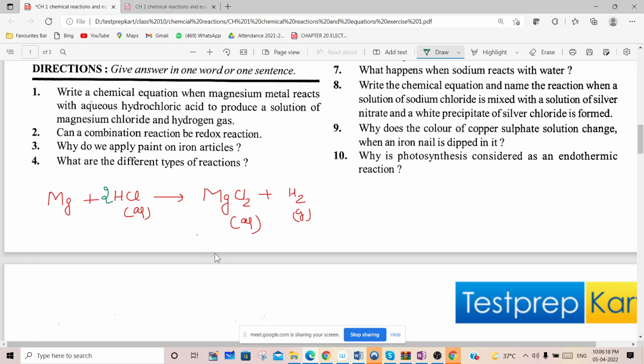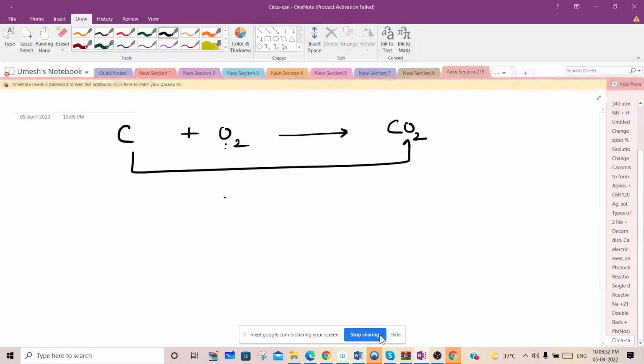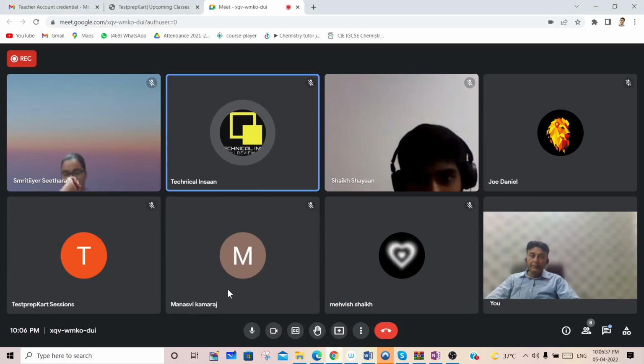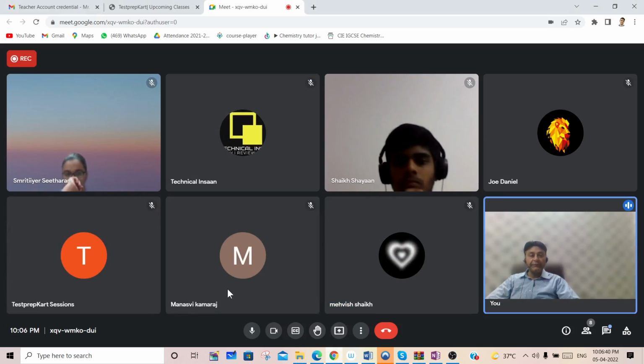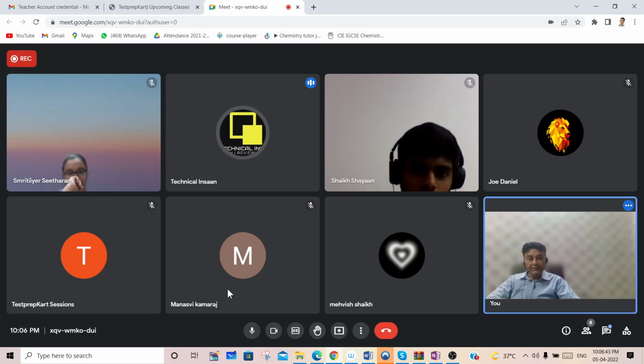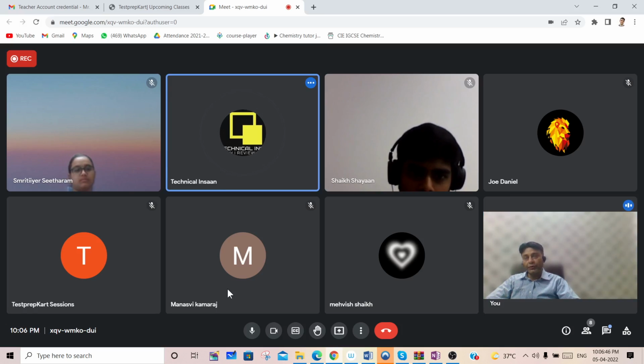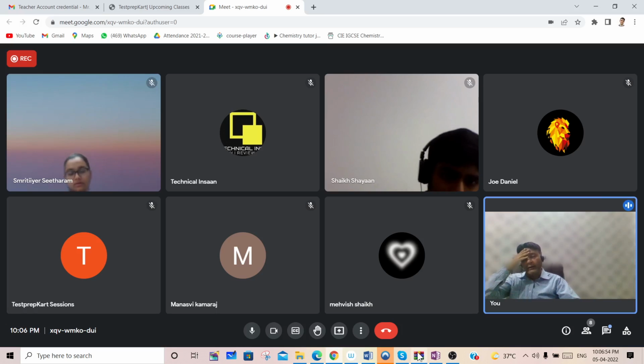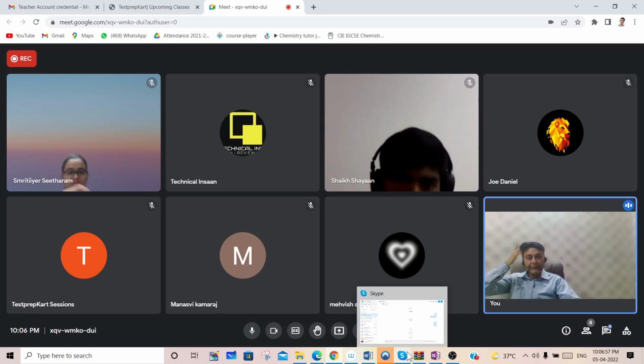Why do we apply paint on iron articles? Can you tell me? So that it does not rust. It does not rust means it does not combine with oxygen and water, so that a new product is not formed. It keeps away oxygen, it's a protection, it creates a barrier between the air and the iron.